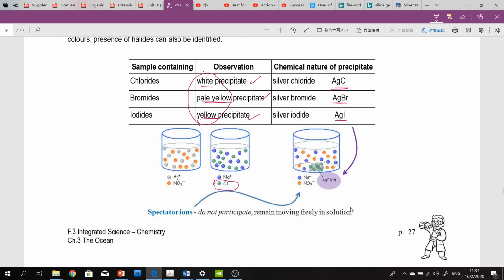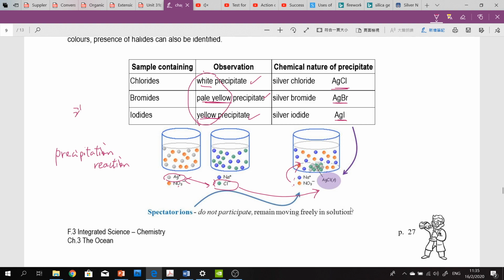We have chloride, and then I add silver nitrate, and the silver ion from the silver nitrate solution will merge with the chloride ion to form silver chloride, leaving the other chemicals merged together, but they are still water soluble. So this is the underlying principle of what we call a precipitation reaction.